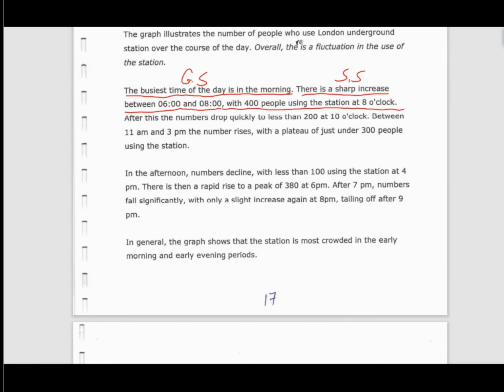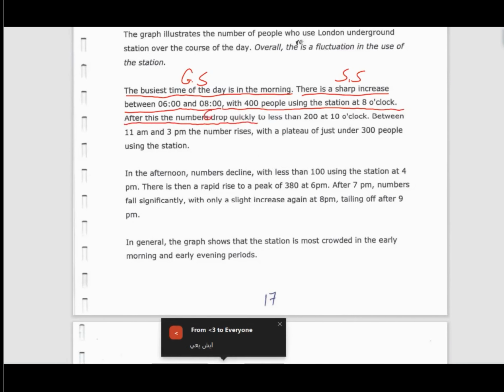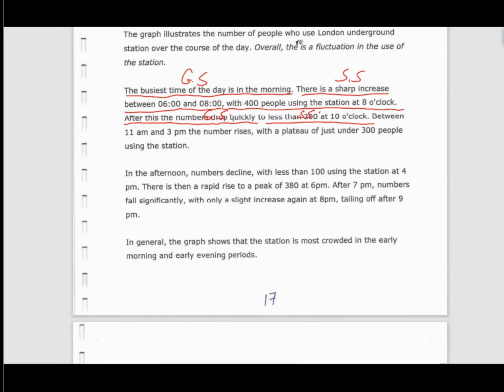Okay. After this, the numbers drop quickly. General sentence. To less than 200, specific sentence. So sometimes in the same sentence, you can have general and specific in one sentence, but you should start with general.